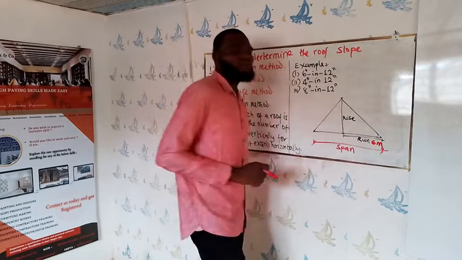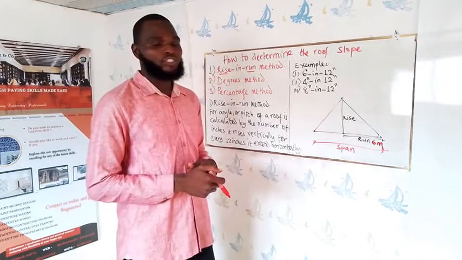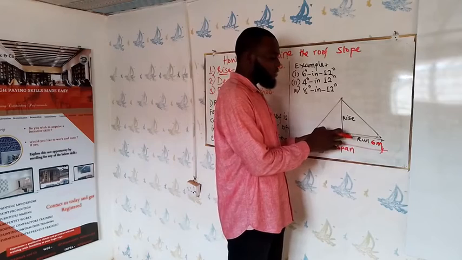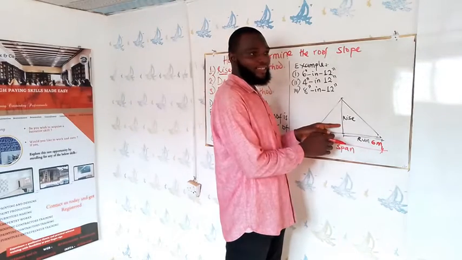For instance, let us assume this run is 6 meters, and we are asked to use 6 in 12. The meaning is that whenever we go 12 inches here, we'll go half of it here.